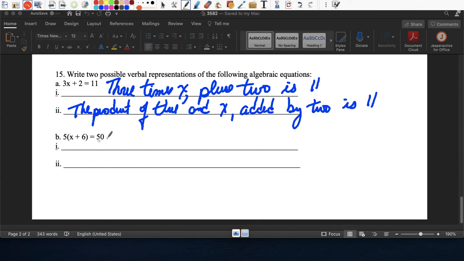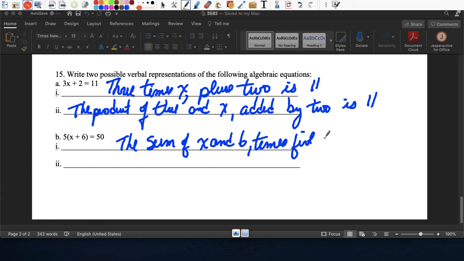Ooh, this one, the sum, remember when we say the sum of x and 6, comma, times 5 is 50.